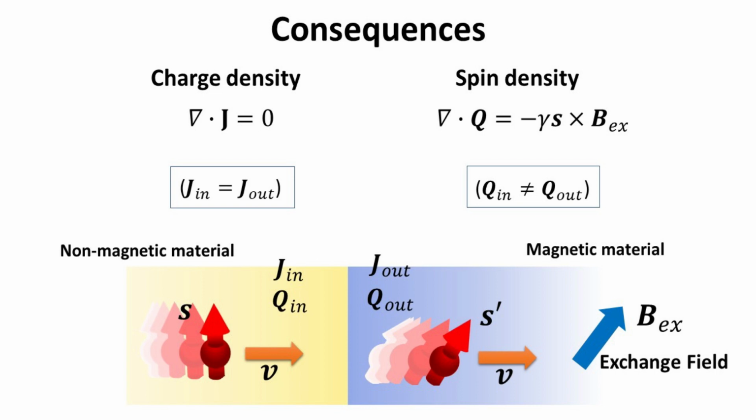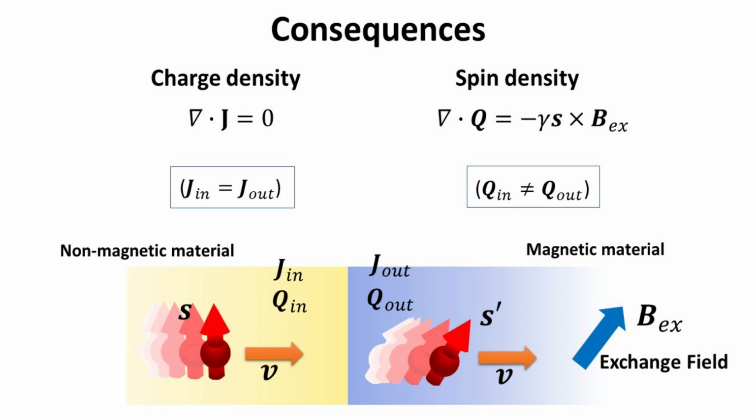As we previously discussed, any misalignment between the electron spin and the exchange field will generate a non-zero exchange torque. Hence, the spin current at the non-magnetic end is not the same as the spin current at the magnetic material end. The imbalance of the spin currents at the two ends is due to the non-zero exchange field torque.